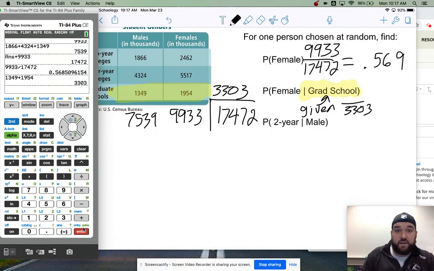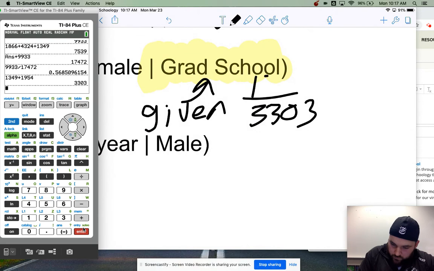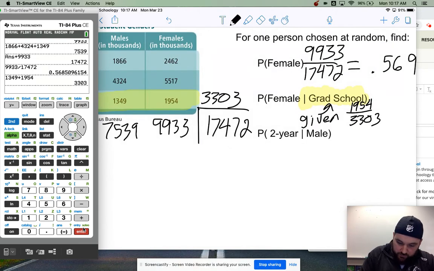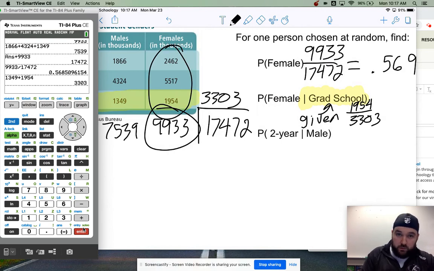So that's going to be my sample space. And then the event space is, of all the grad school students, what's the probability that you choose a female? Well, that's going to be that number right there, 1954. And just to reiterate, I am not using this number right here because that includes all the females, not just the grad school ones.